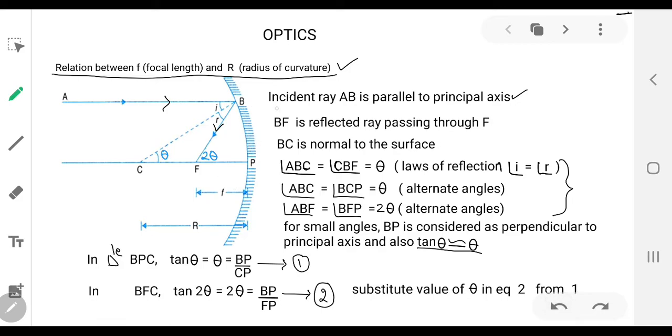So if we take BP as perpendicular to CP, then triangle BFP as well as triangle BCP both become right angle triangles.